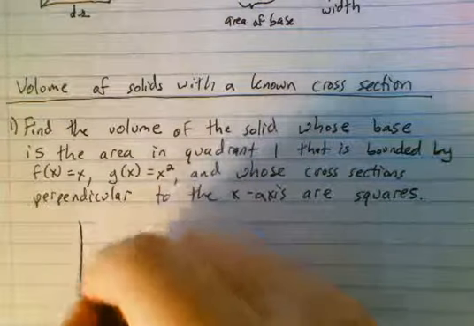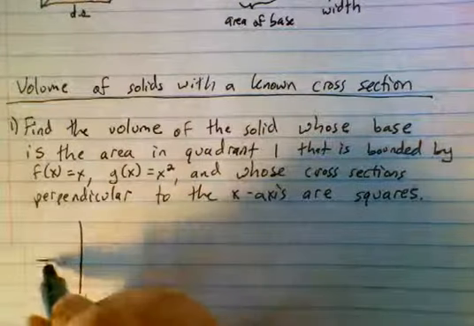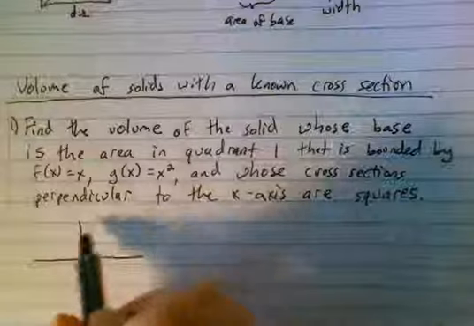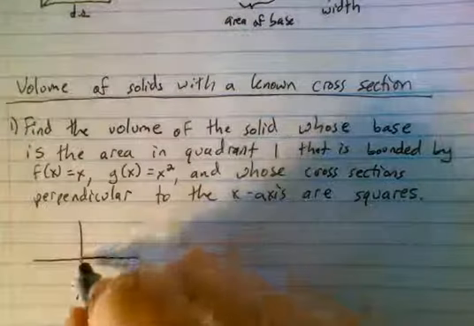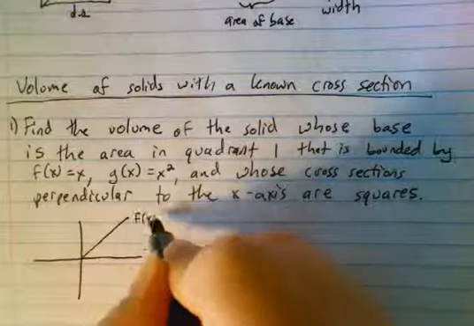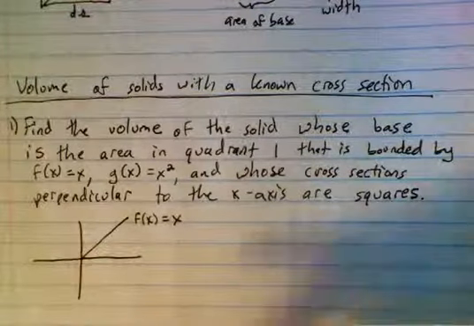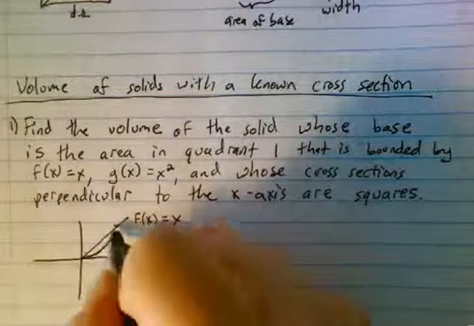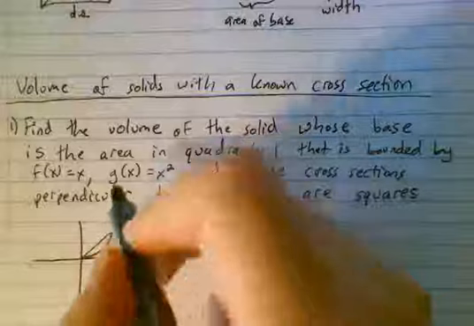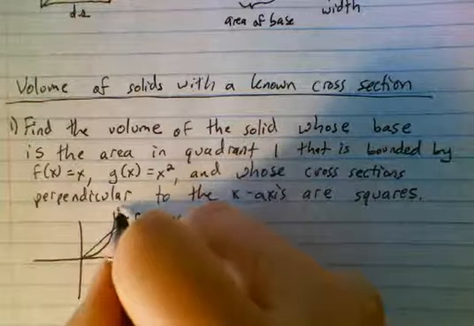So we're looking in quadrant 1, so that's up here. f of x equals x, g of x equals x squared.